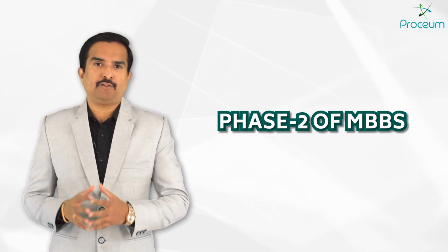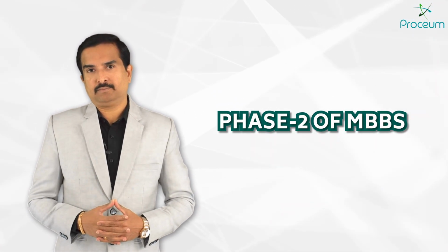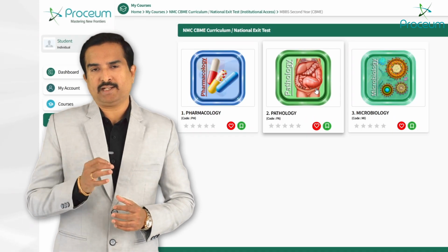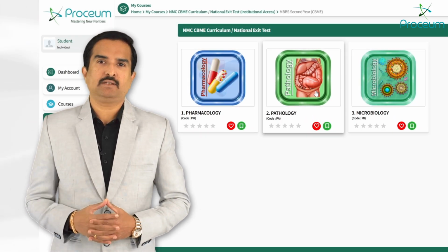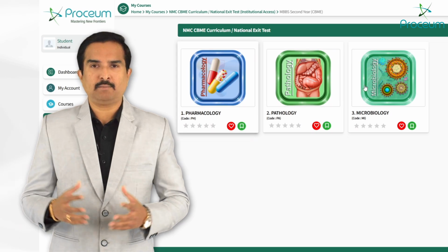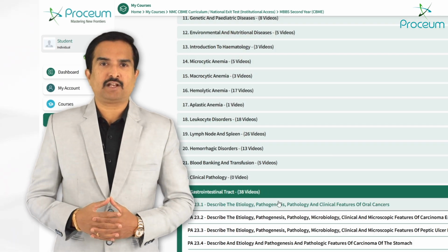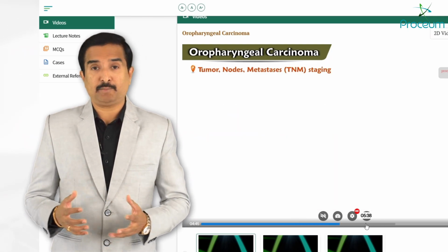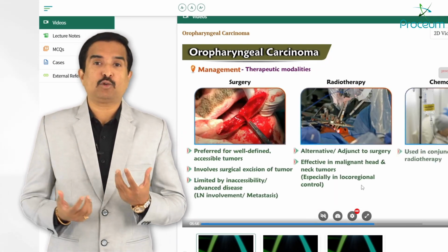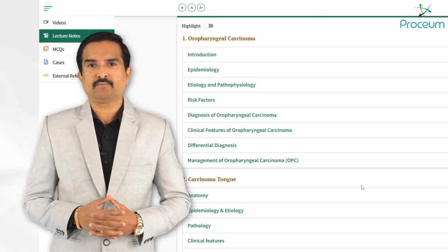So the second year of MBBS under the CBME curriculum focuses on three vital subjects: Pathology, Pharmacology and Microbiology. So these subjects form the foundation for understanding diseases, treatment options and the role of microorganisms in health and disease.